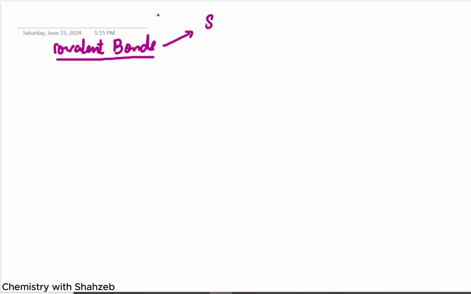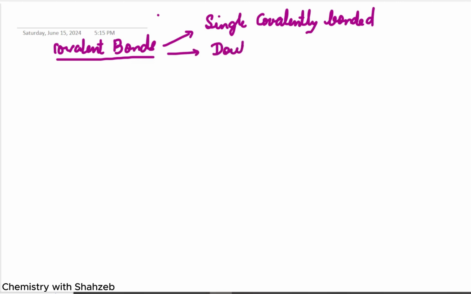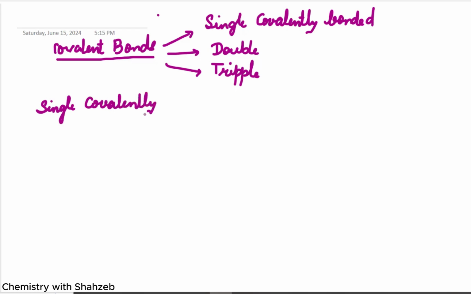They can be single covalently bonded, and they can be double covalently bonded, or they can be triple covalently bonded. Okay. So now, first of all, let's discuss single covalently bonded elements.